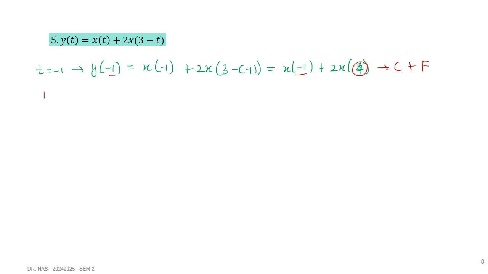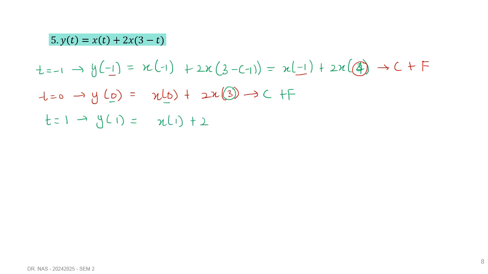Let's try t equal to 0. y(0) equal to x(0) plus 2x(3 minus 0), which is 3. Let's check the states. The current state is 0, so here you have the current state plus 3, again a future value. Let's try the third, t equal to 1. y(1) equal to x(1) plus 2x(3 minus 1).